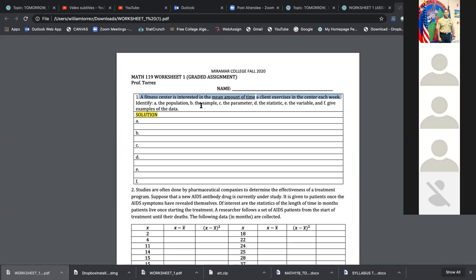There might be 1,000 members in the center, and what is going to be done here is to collect data which would be the average or the mean amount of time that the clients in that sample spend visiting the gym on a weekly basis, okay? So the population would be all of the clients, the sample would be those clients that are selected.